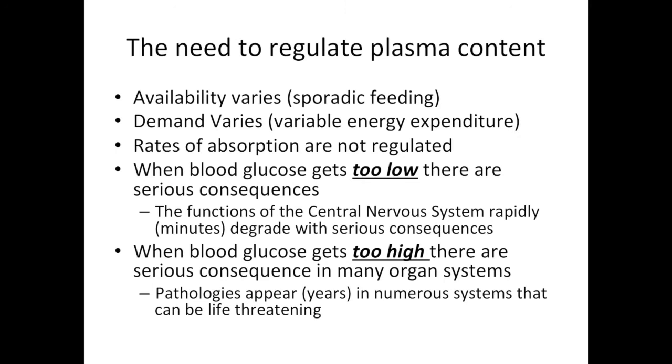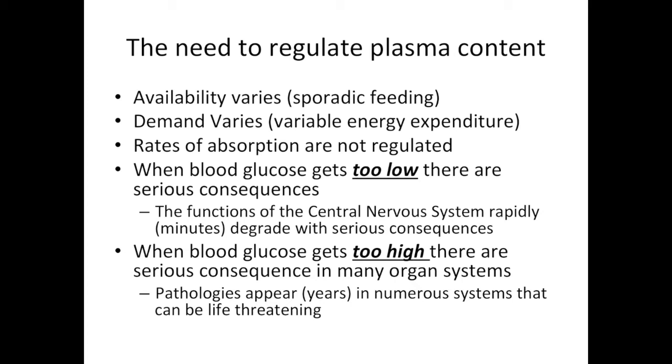So the need to regulate plasma content is because our availability of food varies. We eat 3 or 4 times a day and then go several hours without eating, and so the availability from different sources changes, and then our demand varies. We can be sedentary for a couple of hours and then get up and quite happily run for several minutes without too much of a deleterious effect.